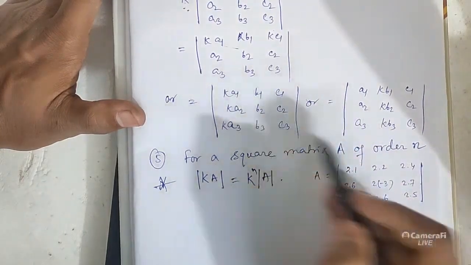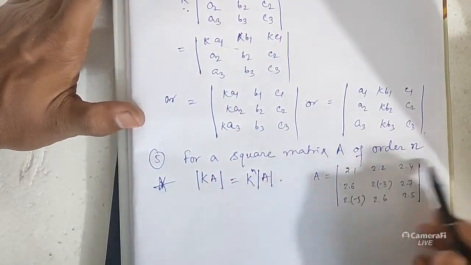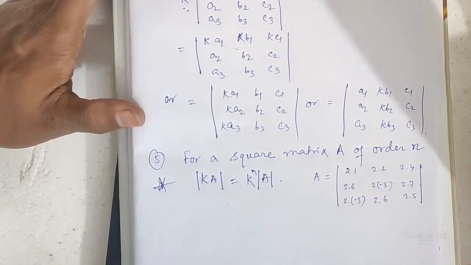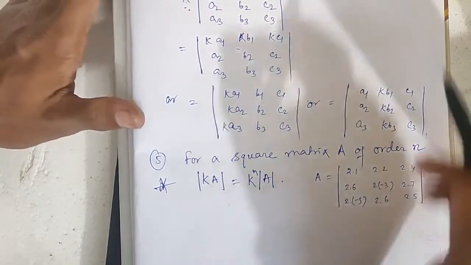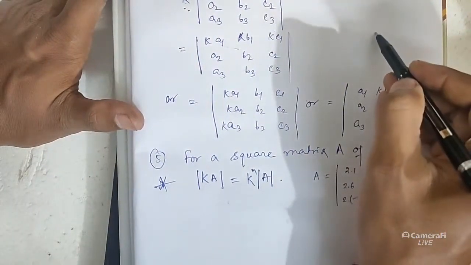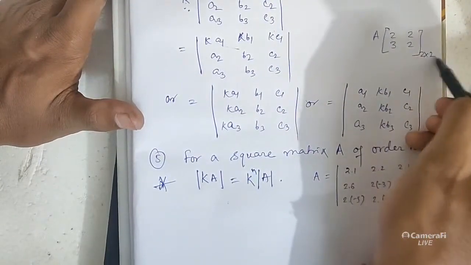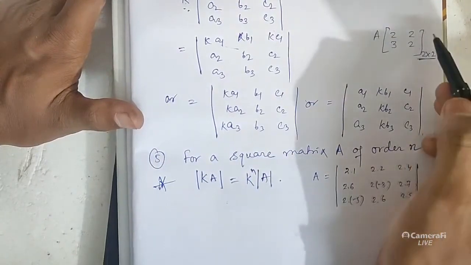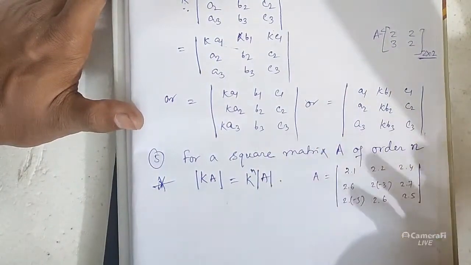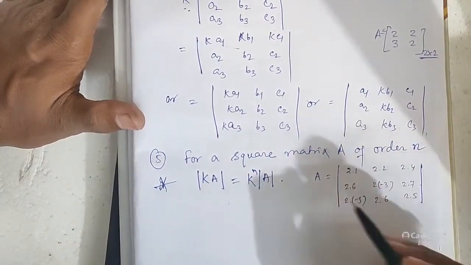The order of this determinant is 3, because 3 rows and 3 columns are there. In a determinant it must always be a square matrix. We know that we can find the determinant only for a square matrix. So if A matrix is of order 2 by 2, the determinant is of order 2. If A matrix is of order 3 by 3, the determinant will be of order 3. Here we have taken the determinant of order 3.